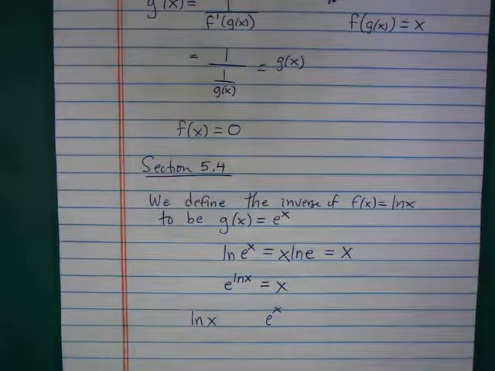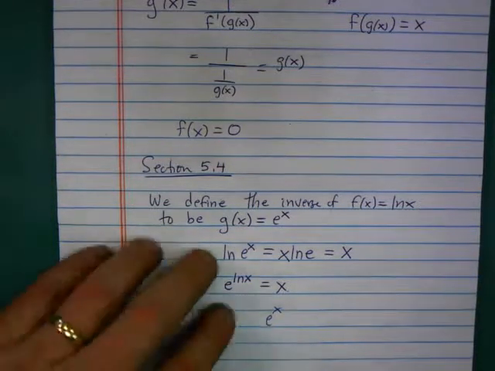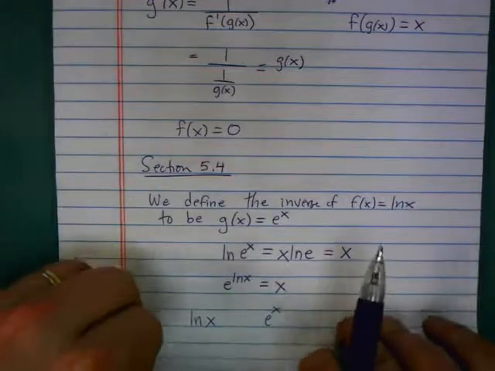And e is a number, like e to the power of x. Right, so if I did e squared, that would mean take the number e and multiply it by the number e, where e is about 2.71 something.